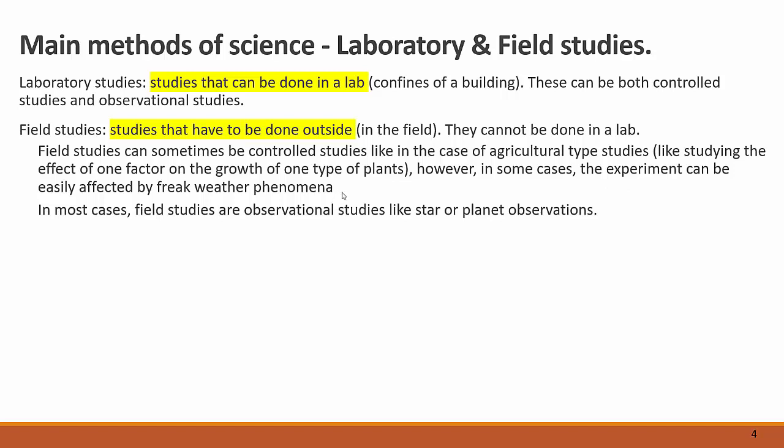You control everything, you are working carefully for months to check the effect of the variables on the growth of plants, and then a freak weather phenomenon comes about and messes up the whole experiment. So field studies can be controlled, but it's more difficult to have controlled field studies.